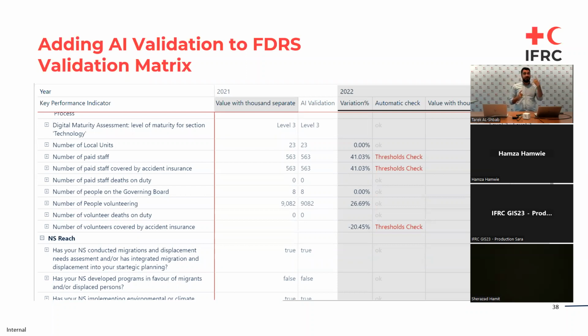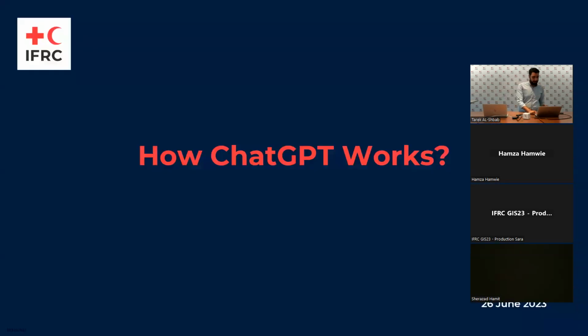So we now have the data that the National Society entered manually using FDRS and the data that we extracted from annual reports that the National Society already published, and we have previous data. So we are increasing the quality of data validation that we depend on in FDRS.